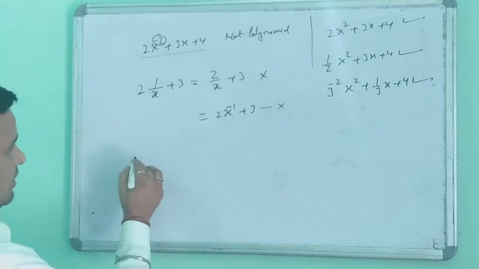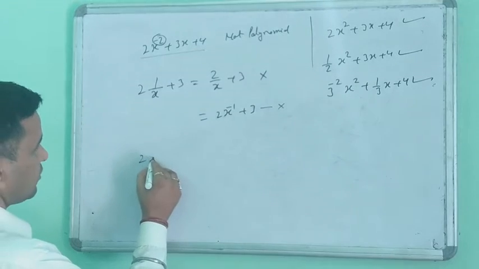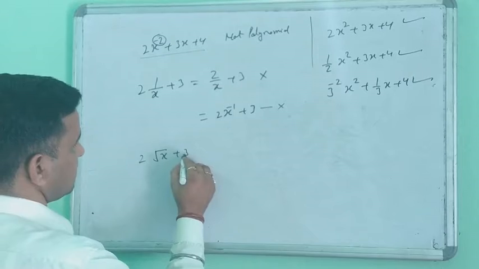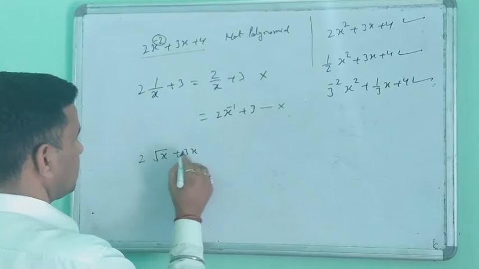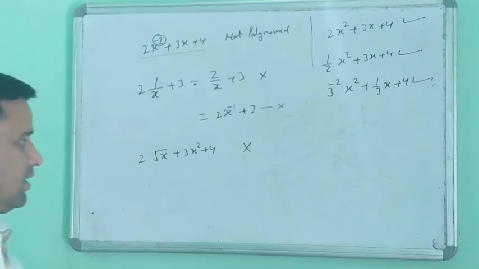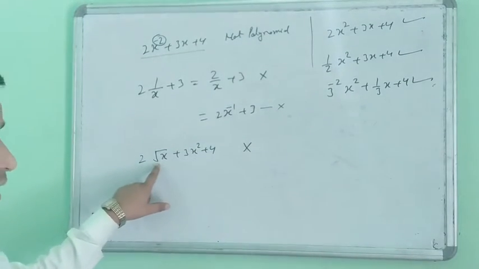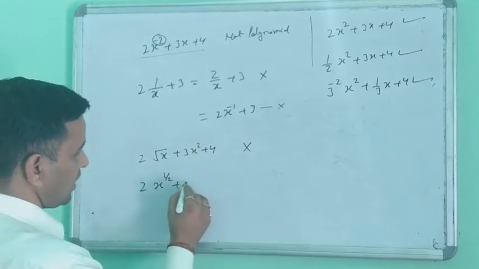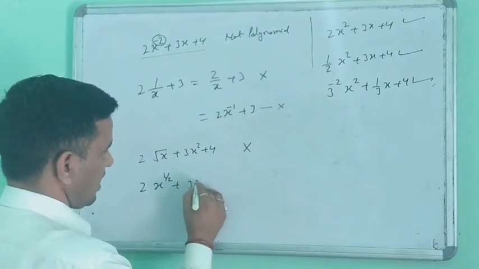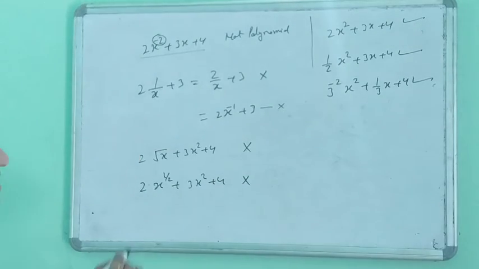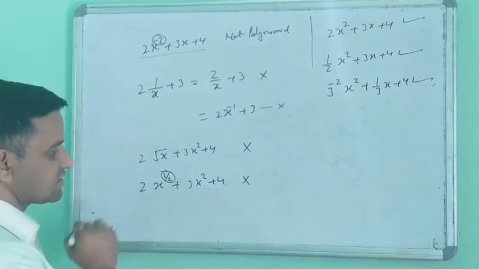Rule number 3. Suppose here you write 2 exponent root x plus 3 root x plus 3x square plus 4. This is also not a polynomial because, suppose you write in this form, 2 exponent 1 by 2 plus 3 exponent x square plus 4. This is also not polynomial form because the exponent is written in fraction form.